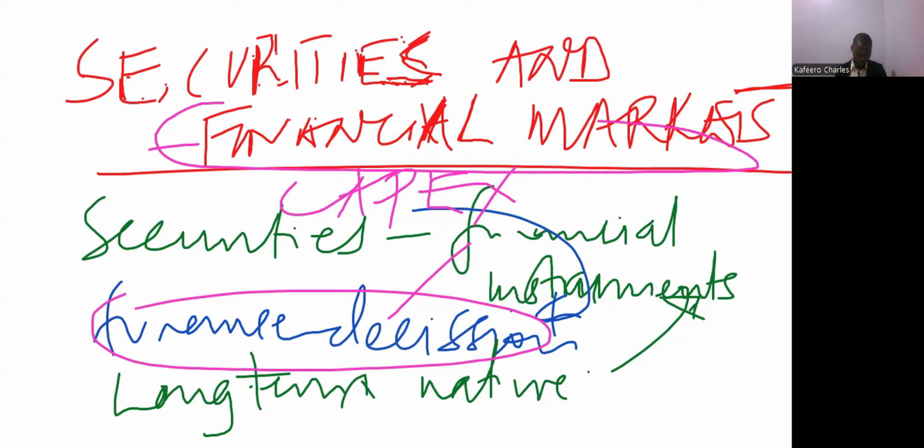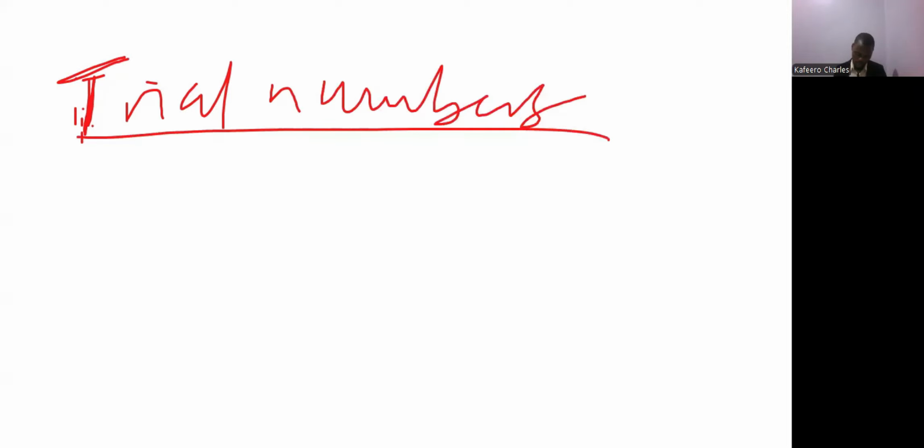I want to give you reference numbers for the questions that revolve around securities and financial markets, or the financial instruments and then the financial markets. So let's look at the reference questions, or what we call the trial numbers.